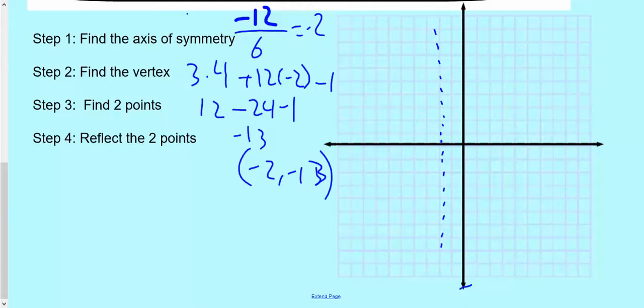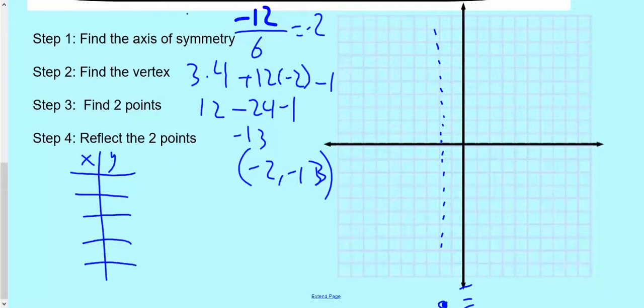And that's off my grid again. So that's going to be down here. And then I'm going to plot some points. So negative 2, negative 13 is going to go in the middle.